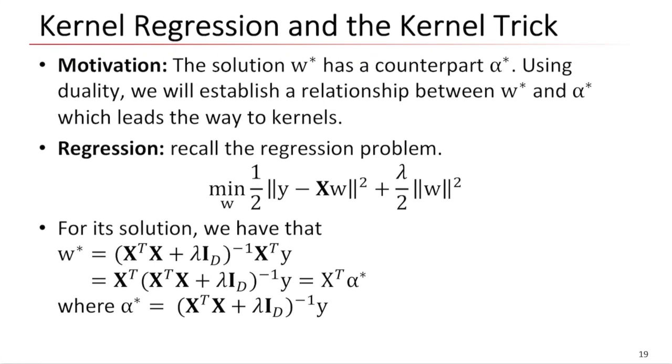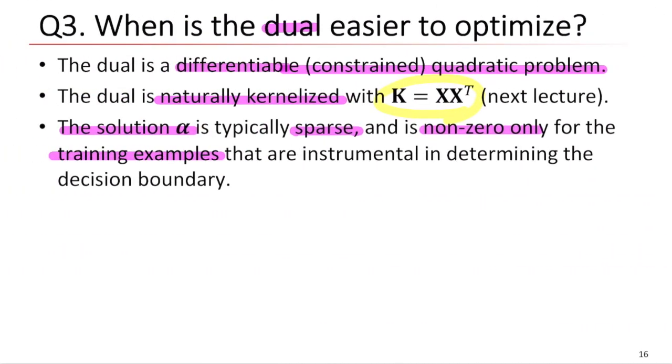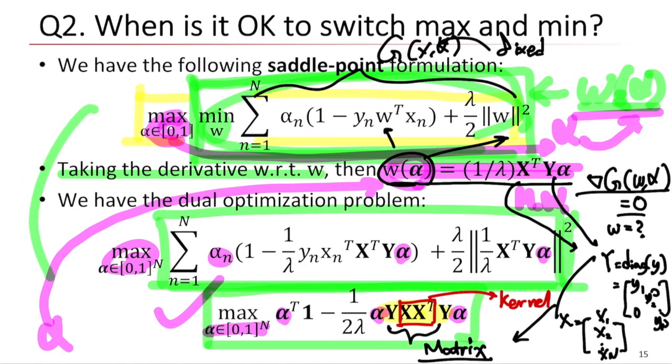Here is one more concept in today's lecture. This is the kernel trick, or the kernel technique. What is that? Let's go back to the SVM. The solution W, the parameter W, has a counterpart alpha, as you can see here.